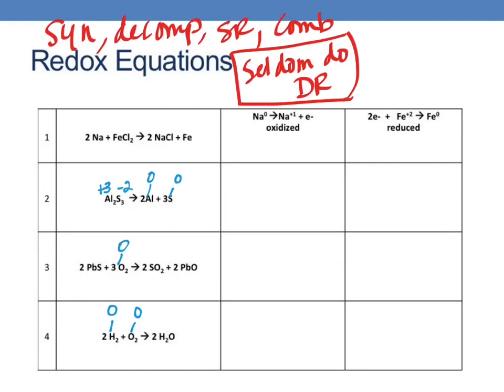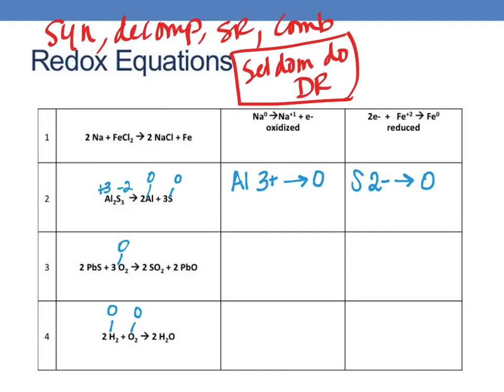So now, on the other side, aluminum goes from a 3+ charge to a 0. Sulfur goes from a 2- to a 0. So whose charge went up and whose charge went down?